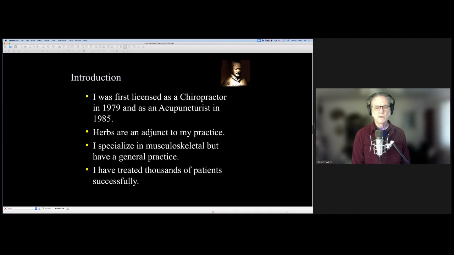So when I was training in essentially Chinese energetic medicine, that is how to perceive energy visually and with my hands, and then move energy with my hands and my mind in patients, and treating people that way, there was no licensure for acupuncture.